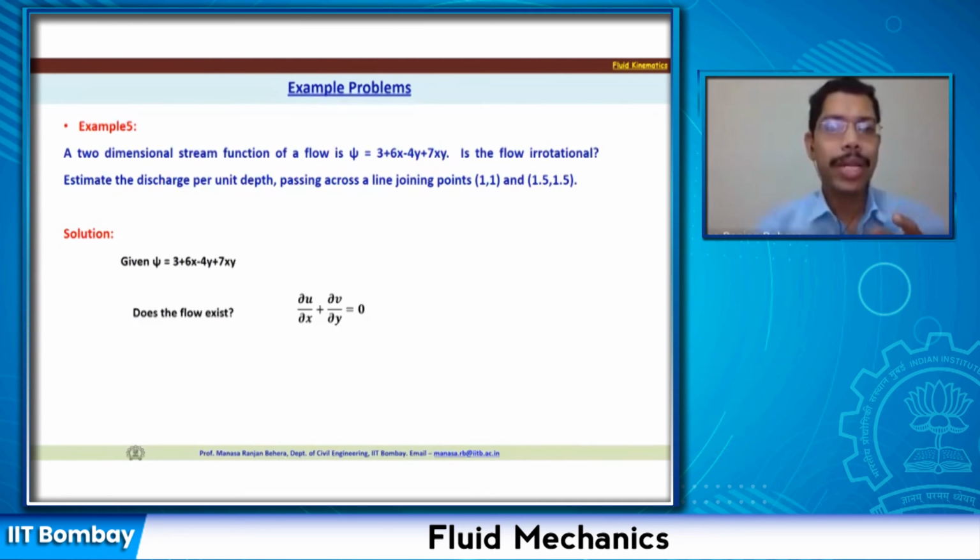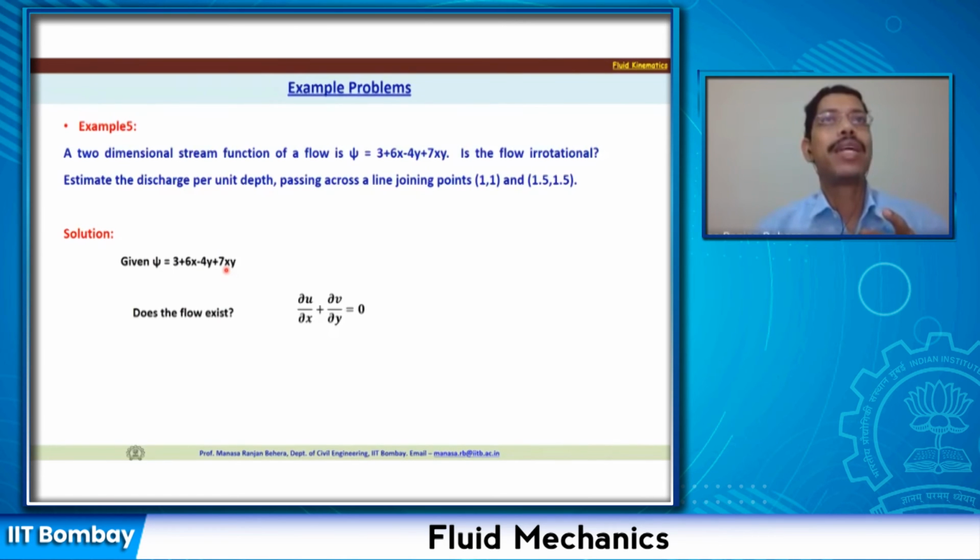Second order terms are not there in the equation, so here you don't have any second order term. Let me find out u here. u is nothing but ∂psi/∂y. So ∂psi/∂y, you will get minus 4 plus 7x.